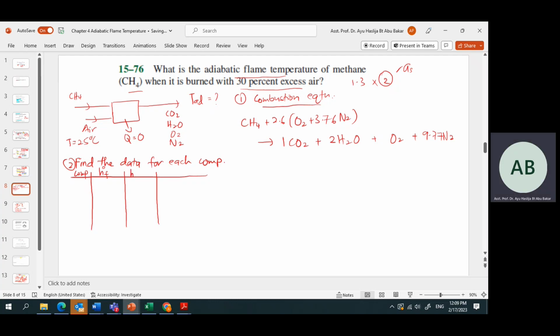Here you need to assume two temperatures for the T adiabatic. It depends on what temperature you assume. Find the enthalpy at that particular temperature, HT1 and HT2, and also the enthalpy at 298, the reference.